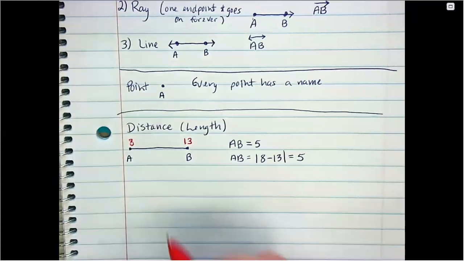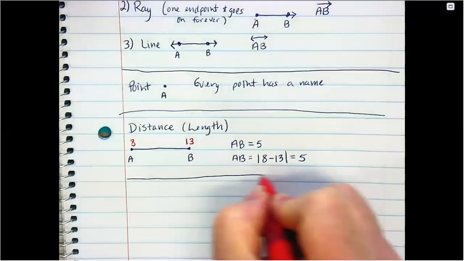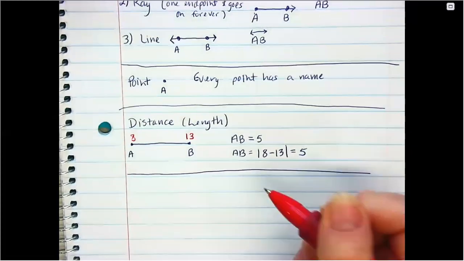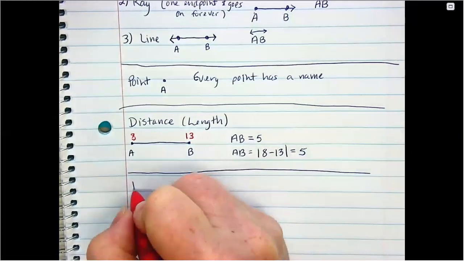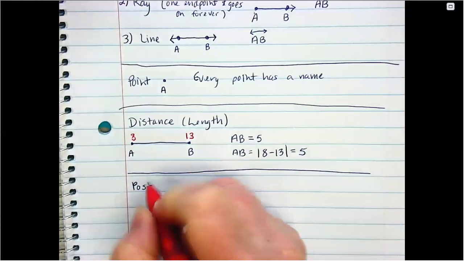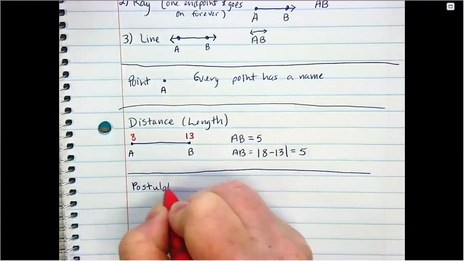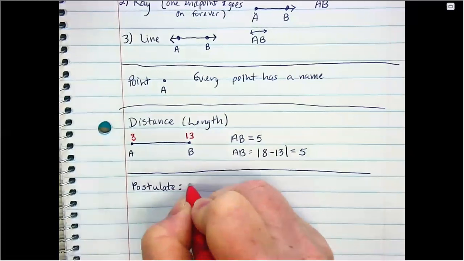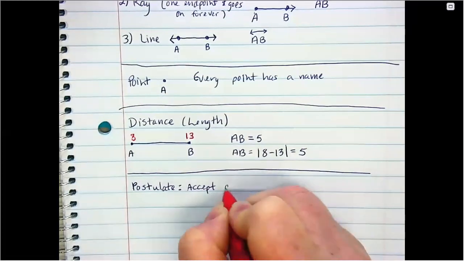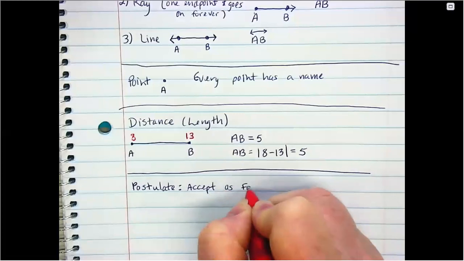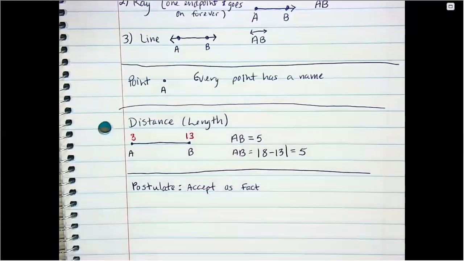So let's talk about a few postulates. Well, what's a postulate? You've probably never heard that term before. A postulate is something that we accept as fact. If we were in a classroom setting, we'd be talking a lot more about different postulates and theorems.